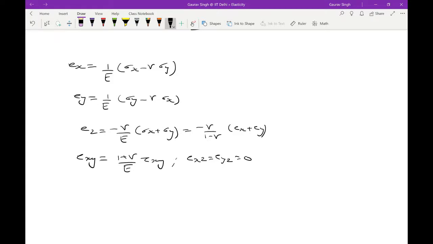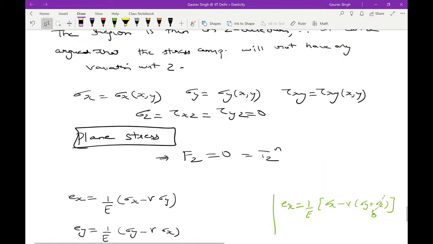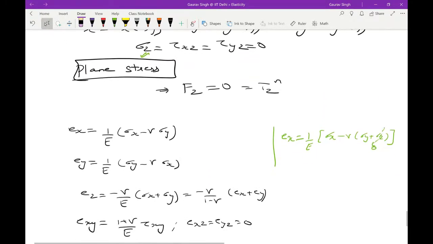Okay, so how has this happened? Very easy. Just look up the inverse Hooke's law, which we had derived in the discussion on linear elasticity, and it should be easy for us to write this. So let's write a couple of them. Ex in linear elasticity was 1 by E into sigma x minus nu into sigma y plus sigma z, and this particular quantity is 0, for the reasons which we have seen.